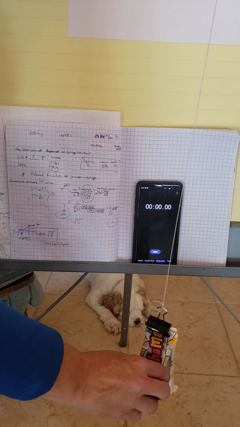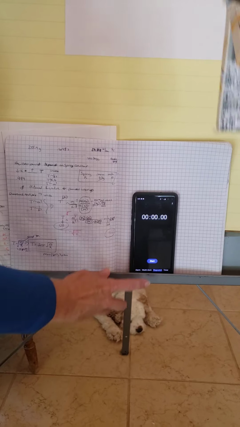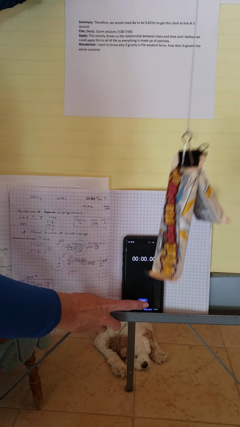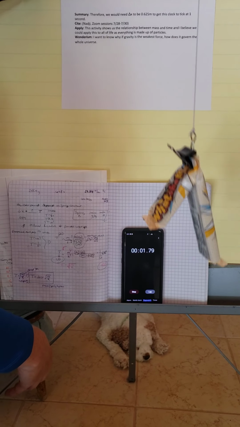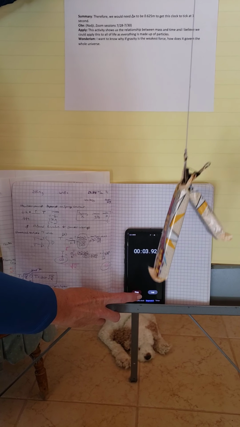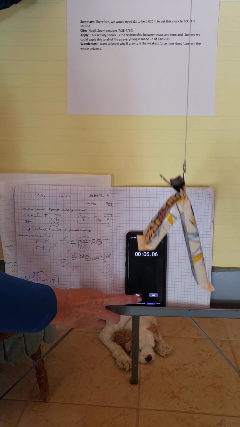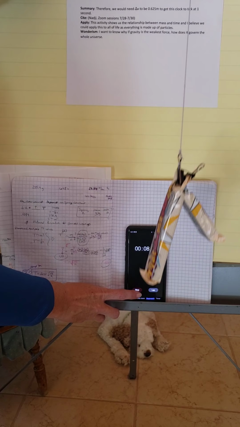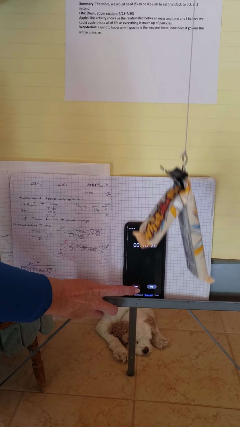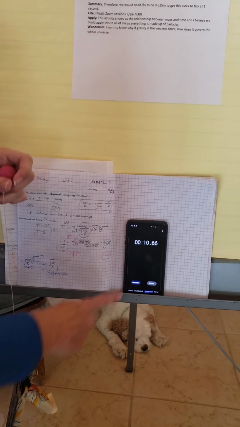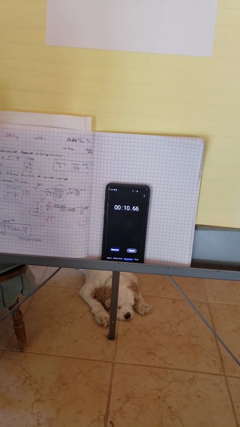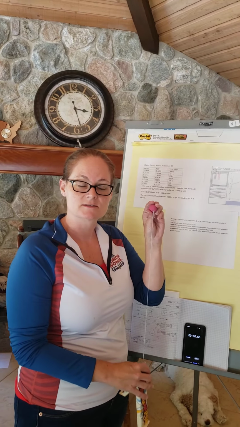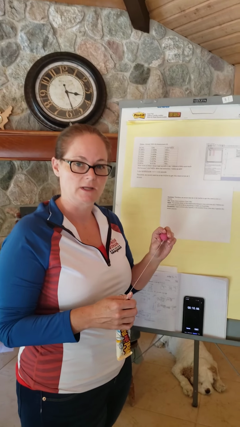So we're going to try it again. 1, 2, 3, 4, 5, 6, 7, 8, 9, 10. Now you can see we're at 1.06 seconds. To me, that is as close as we're going to get to 1 second.